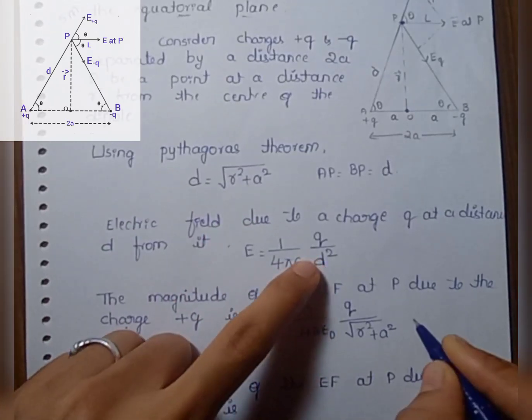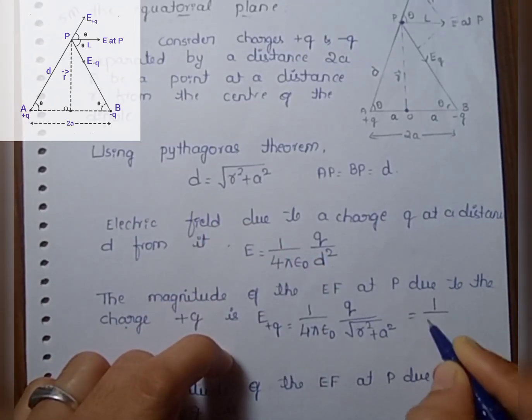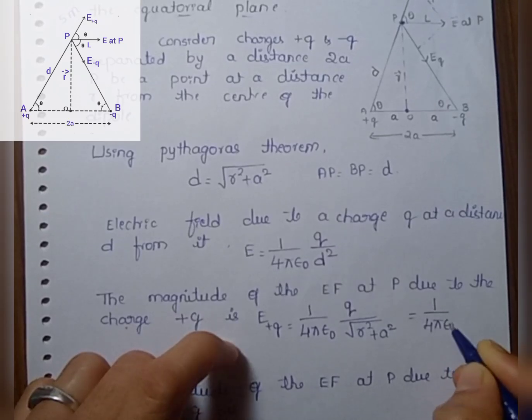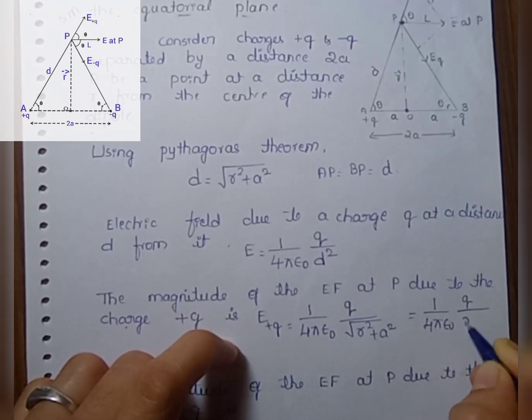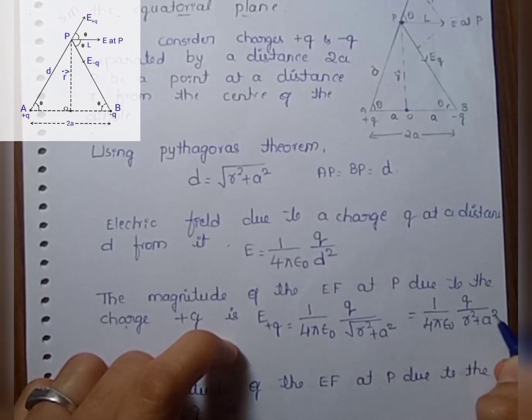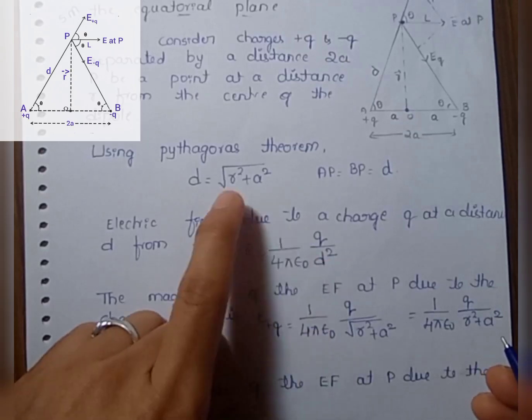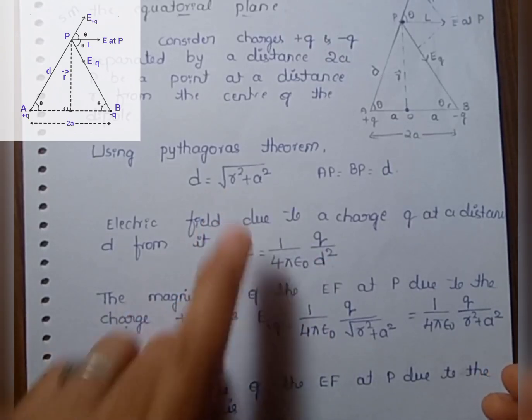So in place of D square, we can write R square plus A square directly.